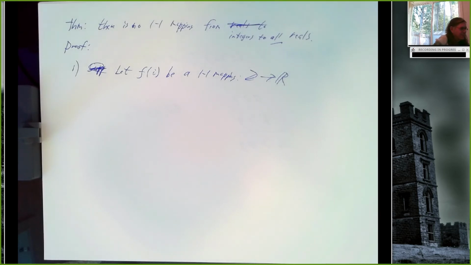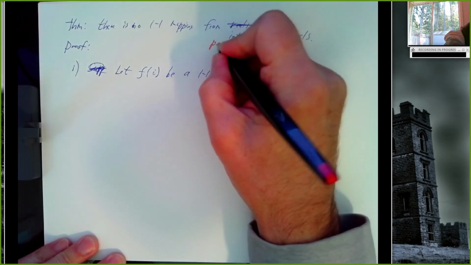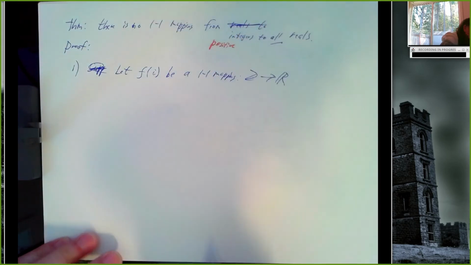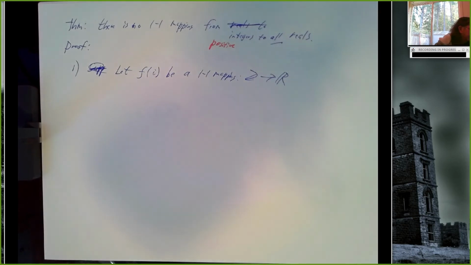So I'm going to do a simpler problem. I'm going to go from the set of positive integers to all reals. That's a simpler problem because there's fewer positive integers.